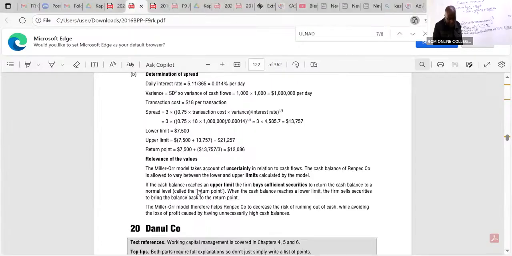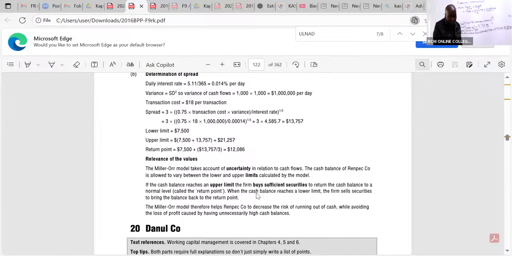If the cash balance reaches the upper limit, yeah, when you realize that the cash you have is really very high, what do you do? You buy shares, you buy securities to reduce your cash balance. So at the upper limit, the firm buys sufficient securities to return the cash balance to a normal level called the return point. And when the cash is depleted, when you realize your cash is really being depleted in the company up to the lower limit, then you sell the shares.